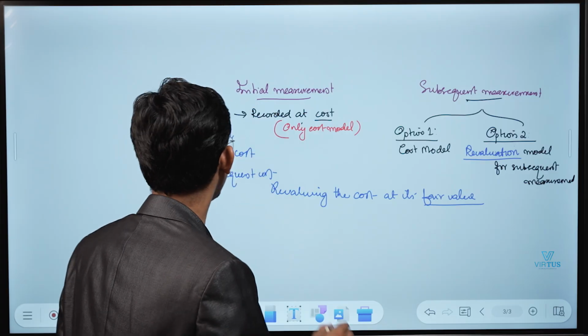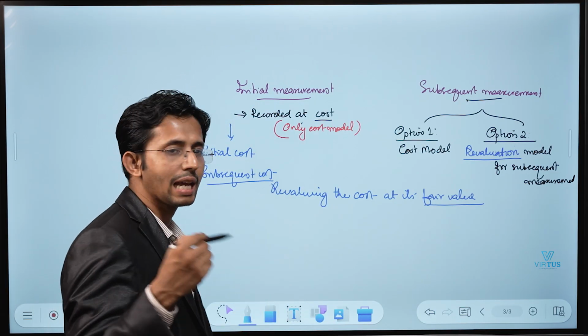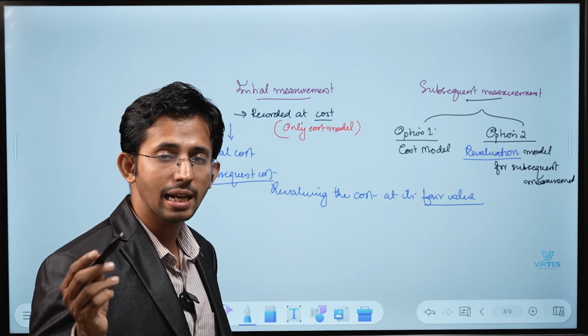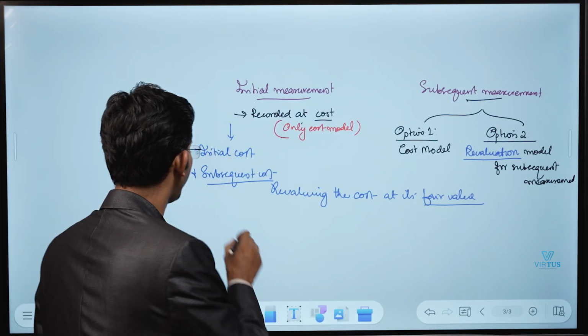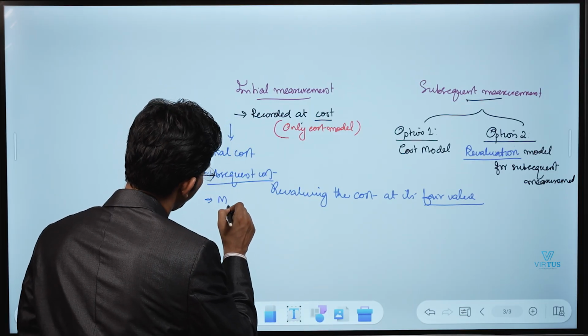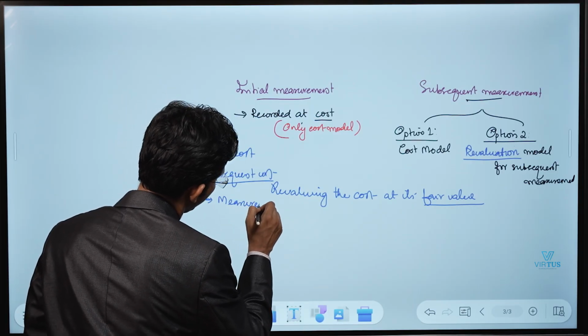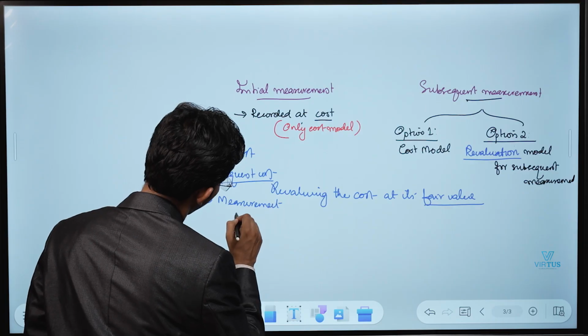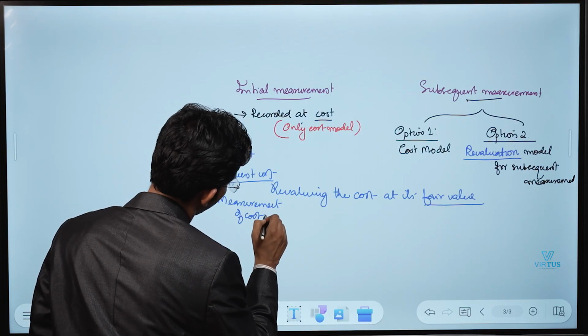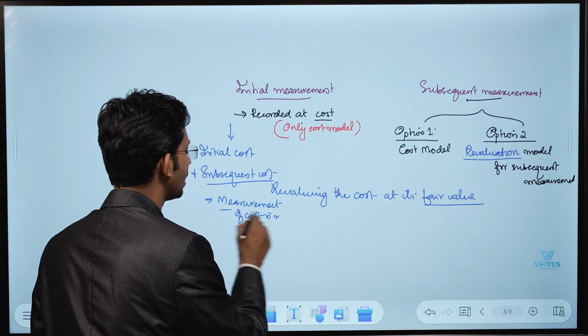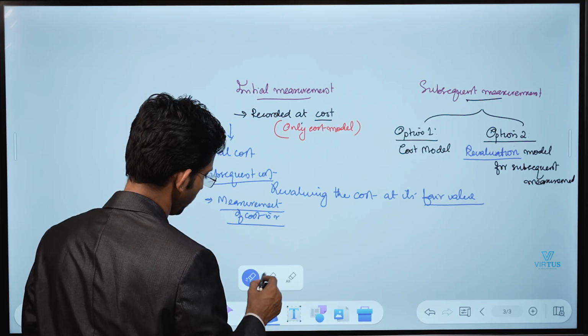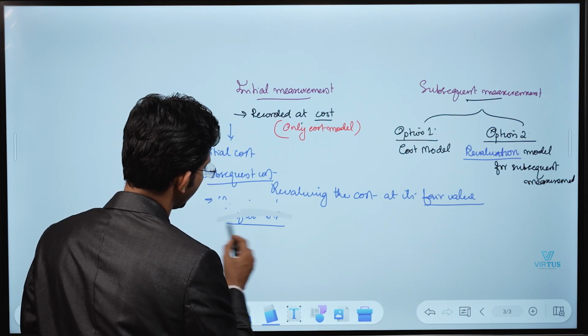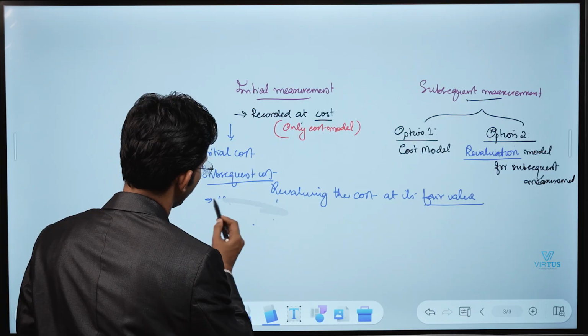Now they say that subsequent cost can be capitalized or recognized as PPE only if two conditions are met. One, the cost can be measured reliably. The cost can be measured reliably.